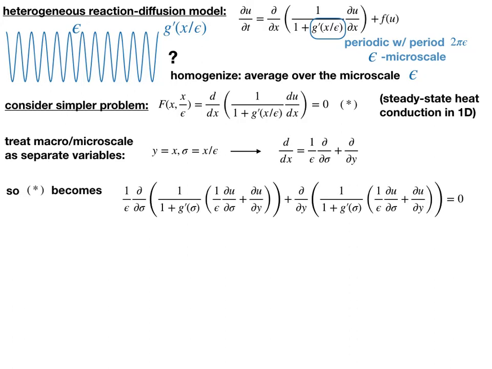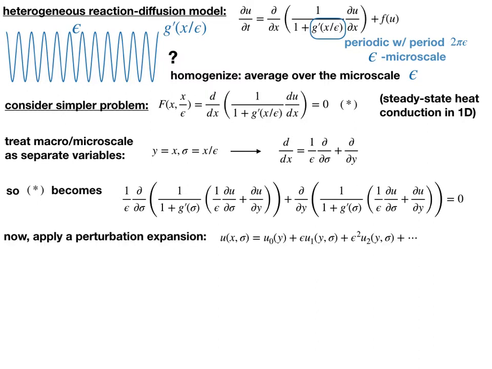So if we apply this then to our steady state problem, we have this much more complicated form of our derivative with respect to x, and then the diffusion coefficient times the derivative with respect to x again. And it's separated out into this term that's a derivative with respect to x and a derivative with respect to y.